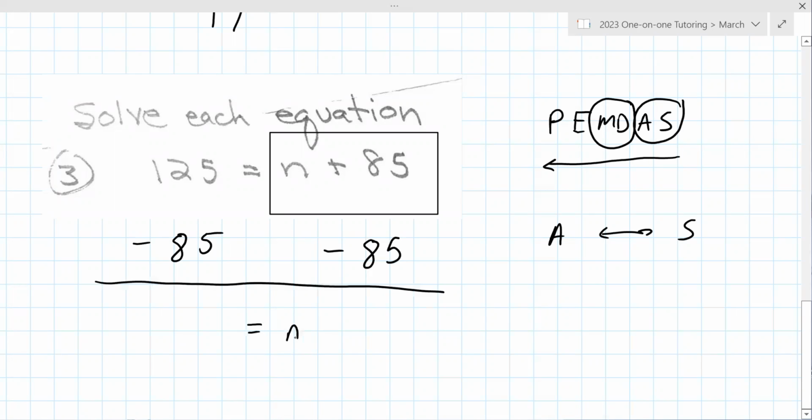So then 125 minus 85. Go ahead and calculate that for us, please. It is 40. And if you don't like the variable on the right, you can switch it so that's n equals 40.